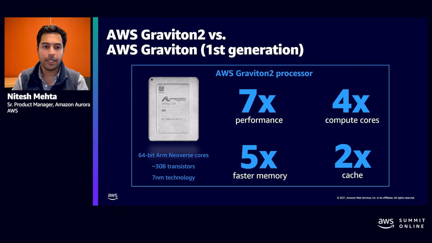Like I said earlier, it's built on 7-nanometer technology, and it's built using 64-bit ARM Neoverse cores. And here I'm sharing an actual photo of the Graviton2 processors that are in our servers that are built to serve your workloads.